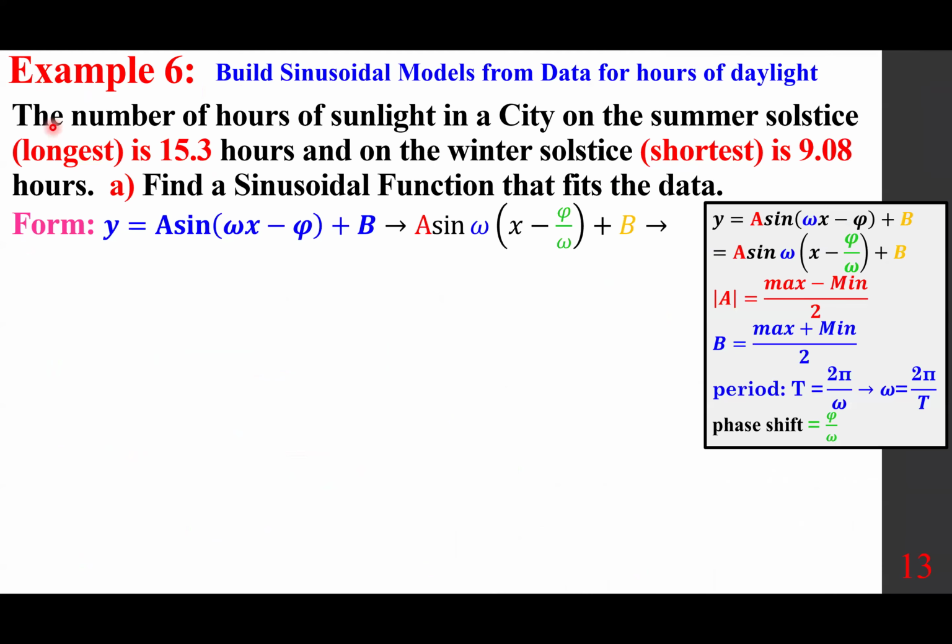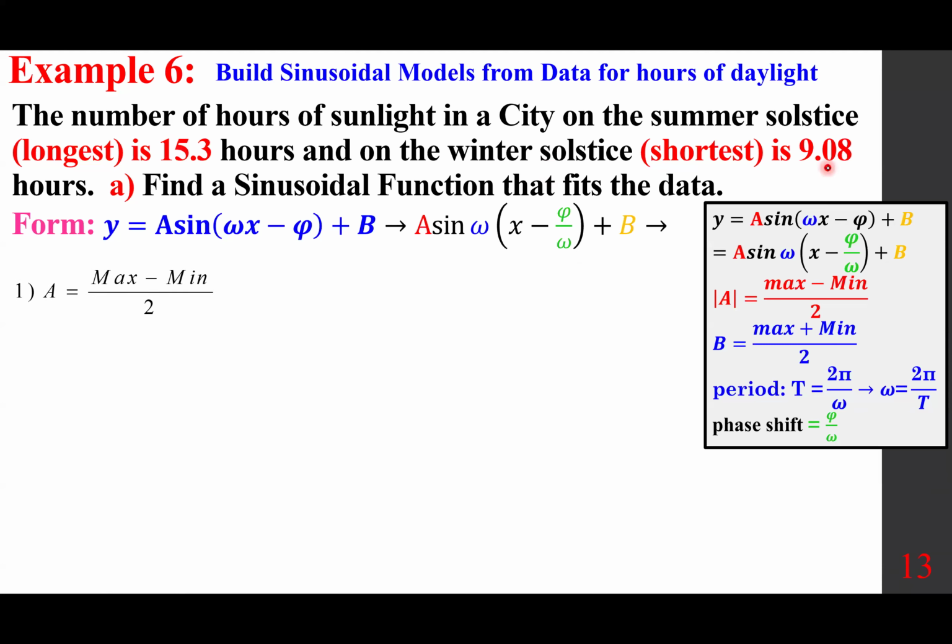The number of hours of sunlight in a city on the summer solstice, the longest is 15.3 hours, and on the winter solstice, the shortest is 9.08 hours. Find a sinusoidal function that fits the data. So we follow that, and A is max minus min divided by 2.